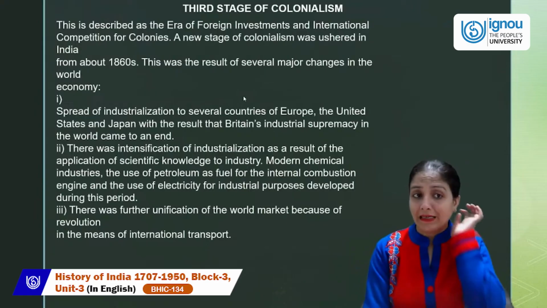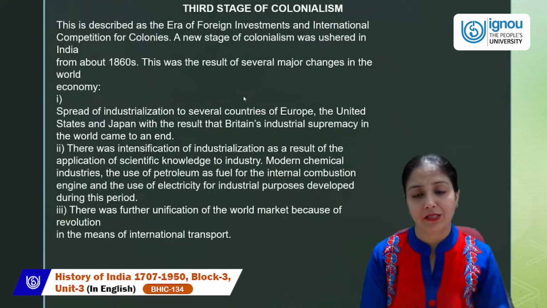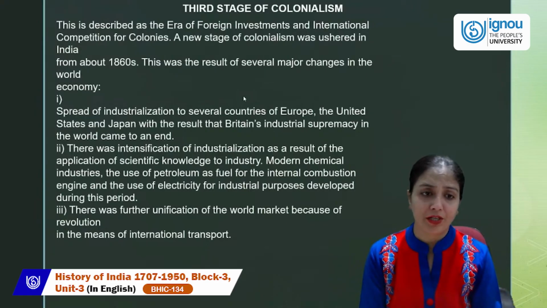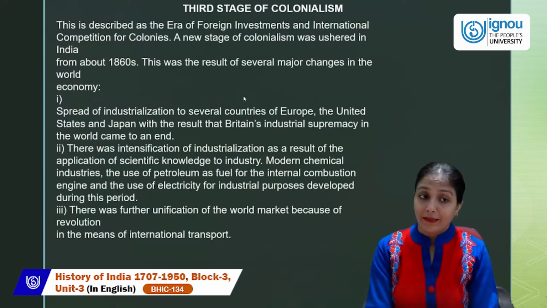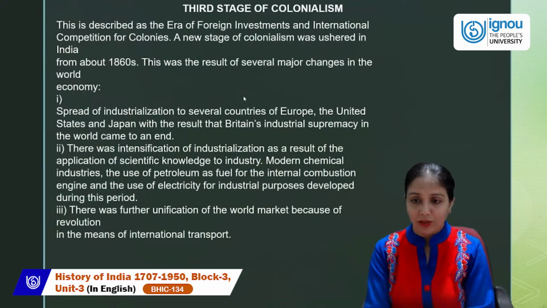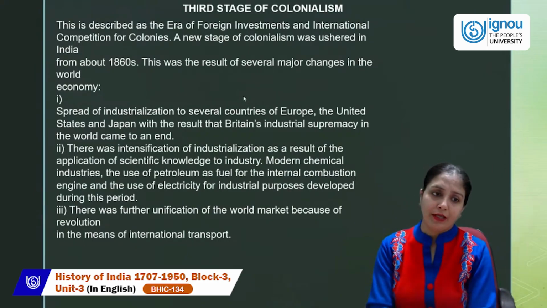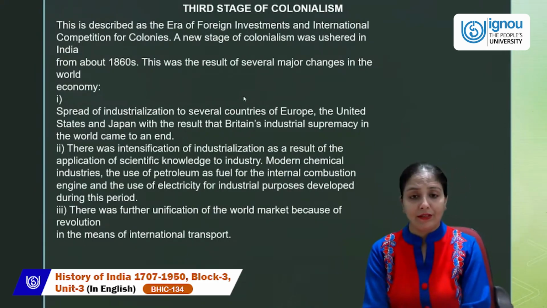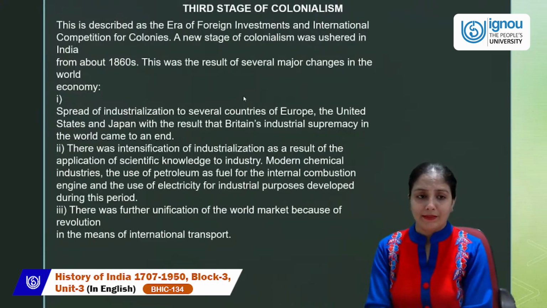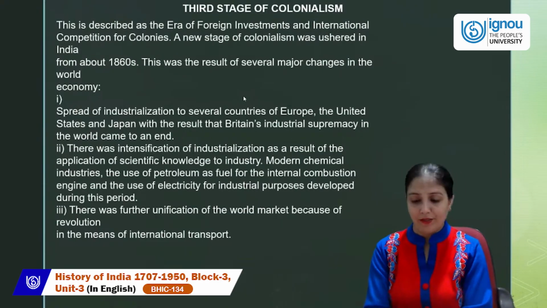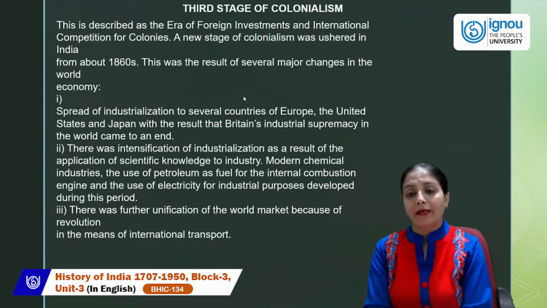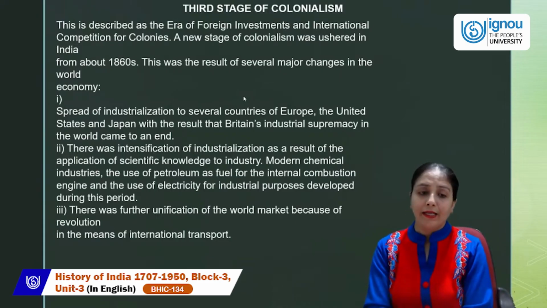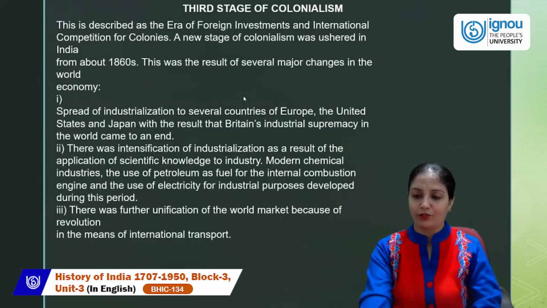There was an intensification of industrialization as a result of the application of scientific knowledge to industry, modern chemical industries, the use of petroleum as fuel for the internal combustion engine, and the use of electricity for industrial purposes developed during this period. And there was further unification of the world market because of the revolution in the means of international transport.